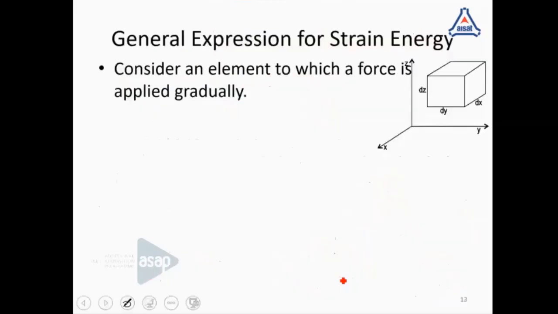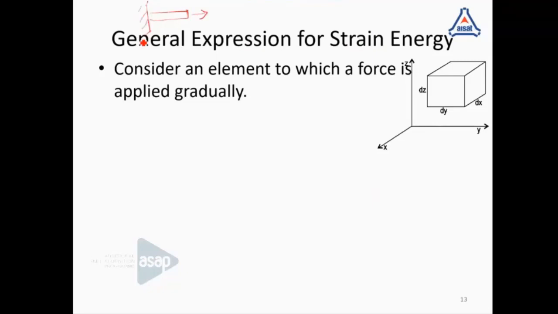Now we will come to the general expression. What we have seen earlier is about a body which is subjected to only an axial load in a particular direction, in the direction of one axis.